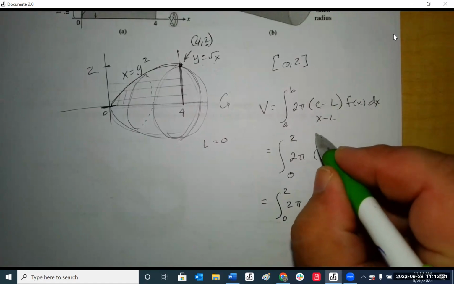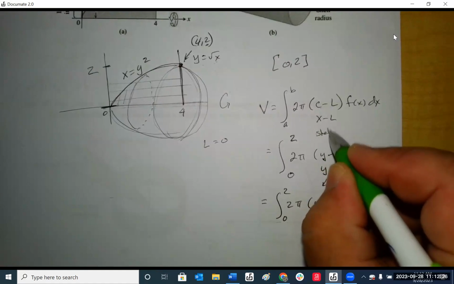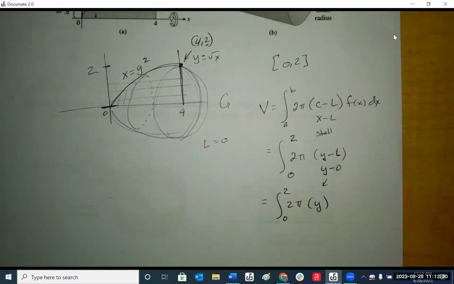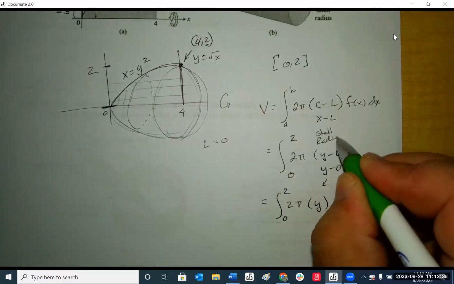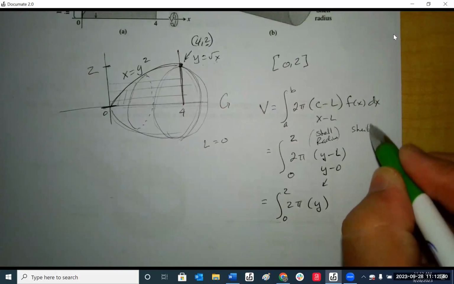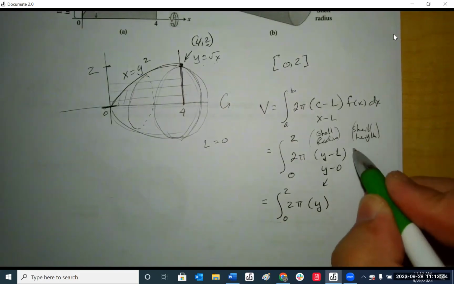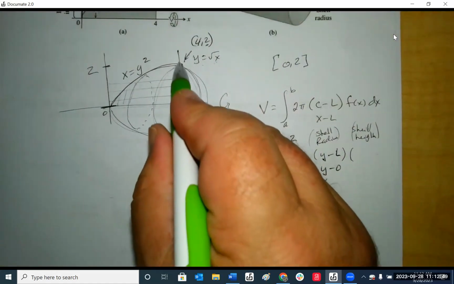This is the shell height, or the radius. There's actually R1, R2. The shell height is going to be 4.